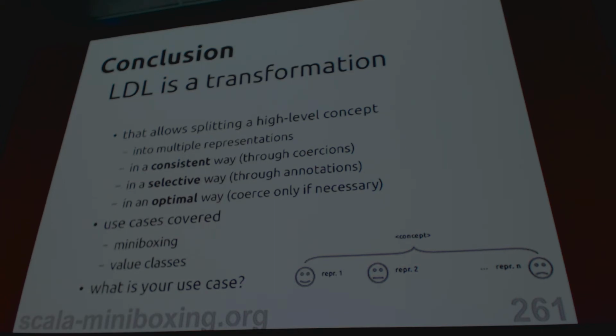Right. Good question. So the problem is the Scala collections are pretty big, and trying to minibox them all at the same time would probably lead to some things that we overlooked and are not compiling correctly. So specialization, not even for this simple example, for this slice of the collections, did not compile well.